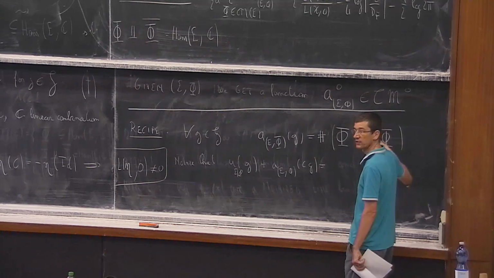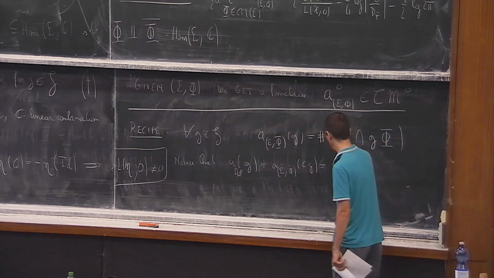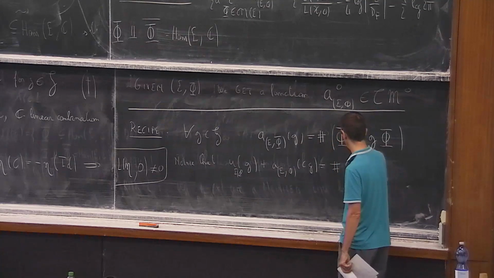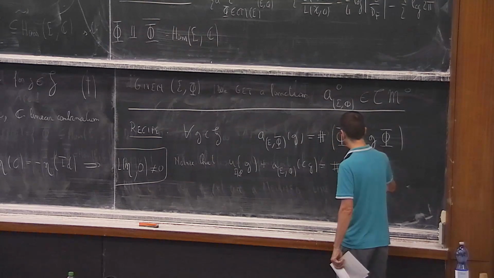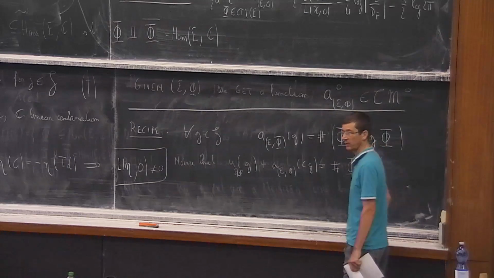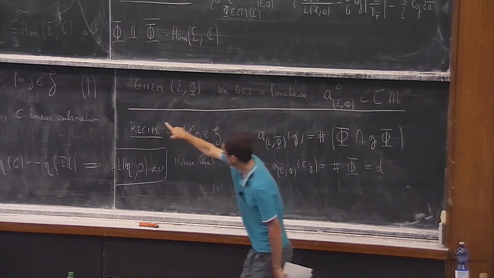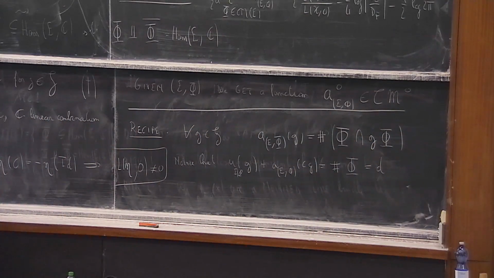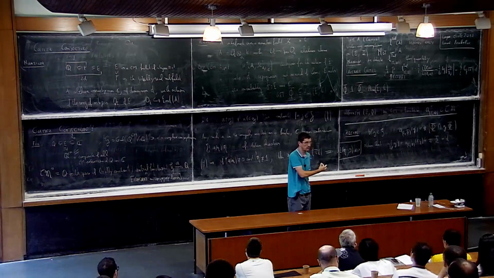But this covers all the homomorphisms of E into C, so this is simply the cardinality of phi, which is d. So this condition here that the sum is constant is meaningful in this case, and it's easy, right?